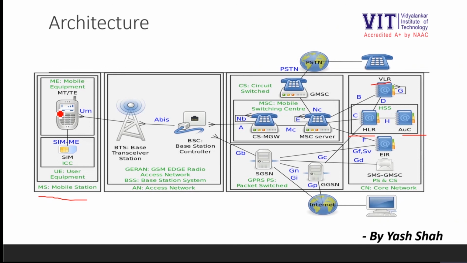Anonymity makes the mobile station anonymous to the outside world. The last is confidentiality, which ensures that the data transmitted by the mobile station remains confidential and secret. So let us look in detail at all three.